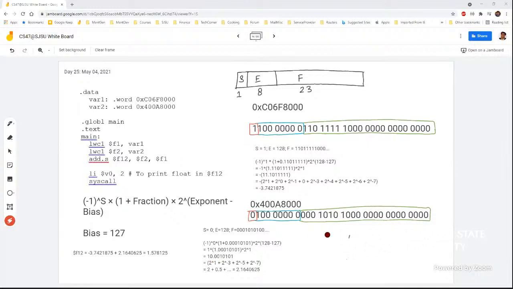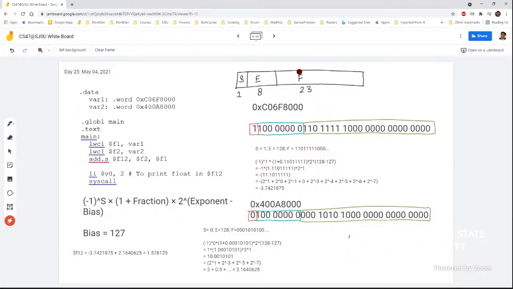Rahul, coming back to your zero question, zero is a special bit pattern where your exponent part and fraction part are zero. Basically, all bits in F are zero, E is zero. It represents the zero.